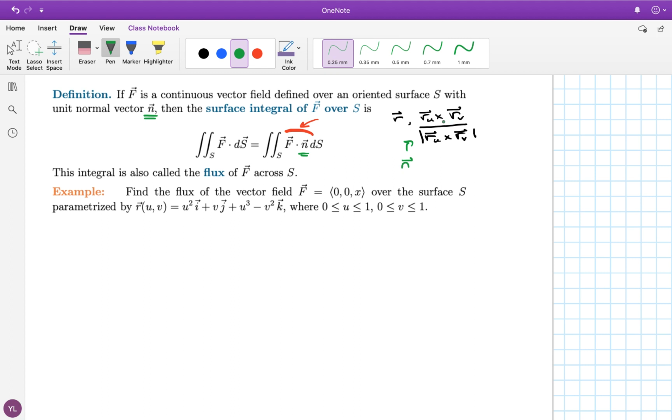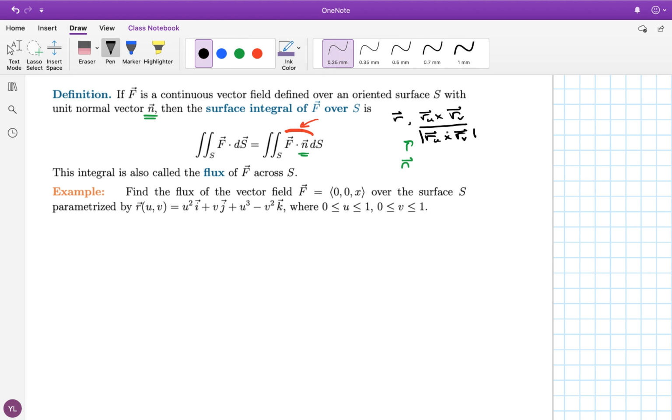If you want to switch that up, one easy way to do it is to switch the roles of U and V. When you cross two vectors in the opposite order, it just points in the other direction according to the right-hand rule, right? So your control on the normal vector and which side it points is completely controlled with the parameterization.